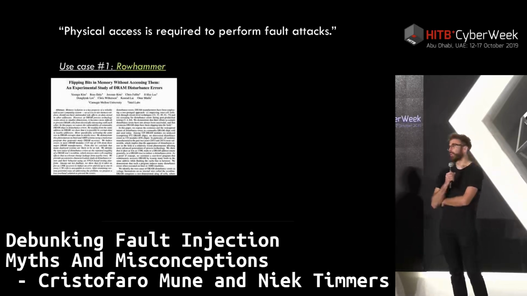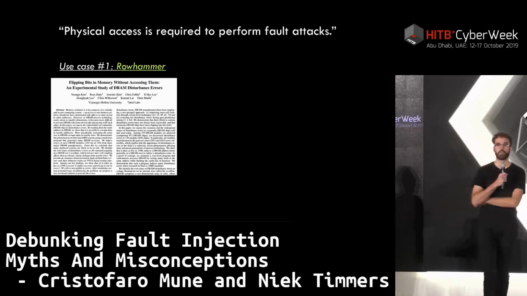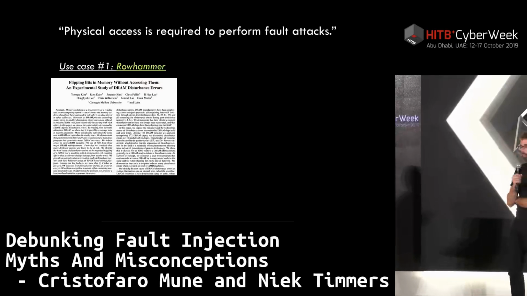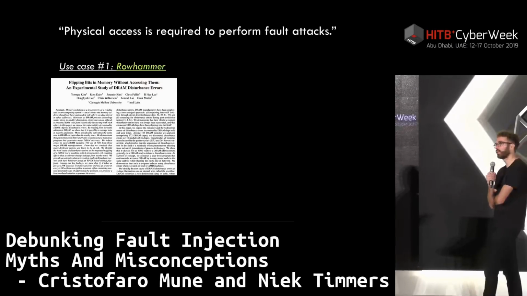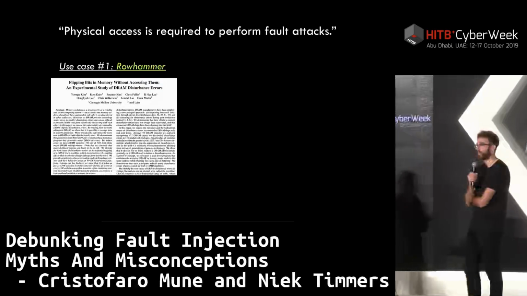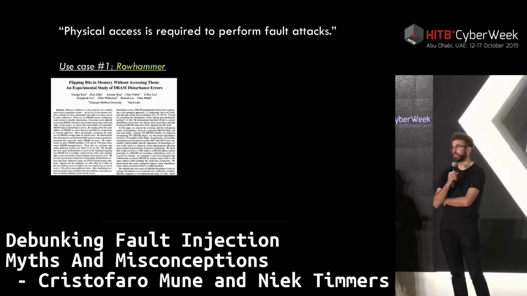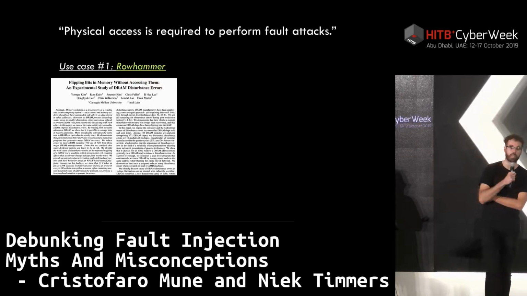But one thing that we already touched upon is that there are things that are driven by software, so you do not need to have physical access. For example, rowhammer is based on the fact that by reading out specific locations in DRAM, you can flip bits in the rows that are next to these locations. And this allows you to inject these bit flips in either security critical code or, for example, crypto primitives.